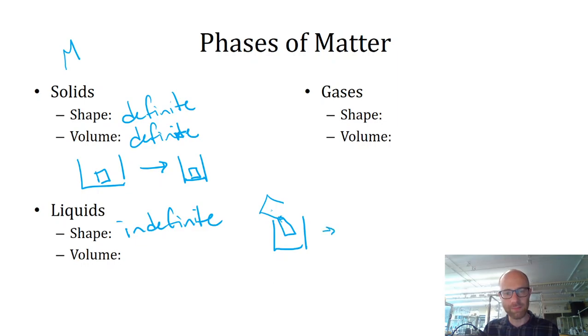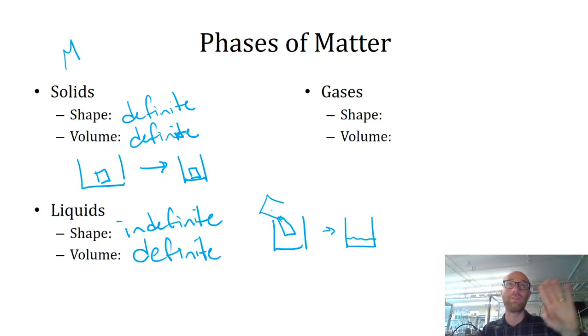And then sometime later, the liquid has now changed in shape, and it's now filling up the bottom of the container. That said, we're going to define a liquid in contrast to a gas in that the volume is definite as well, relating it back to solids.